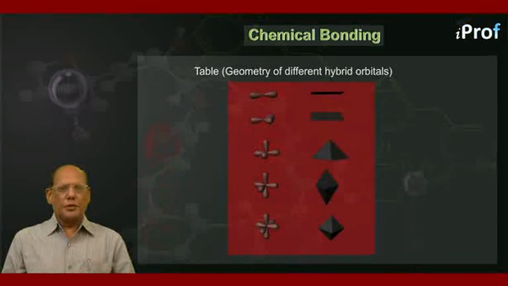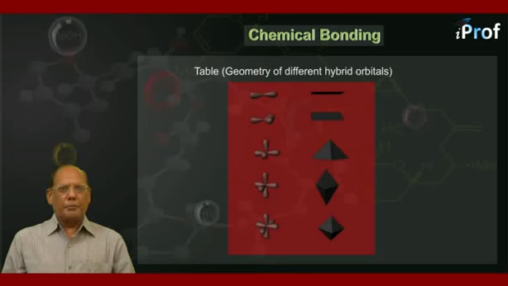Thus we see in this table that due to sp hybridization, the two sp hybrid orbitals are formed at an angle of 180 degrees. So they are linearly arranged about the atom.